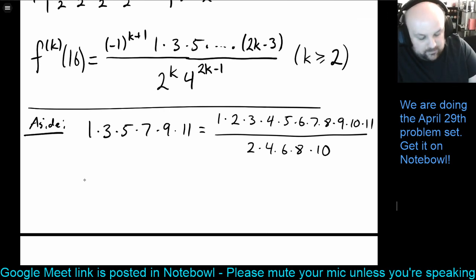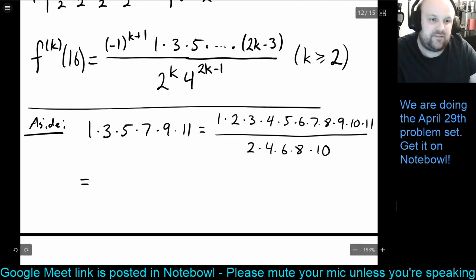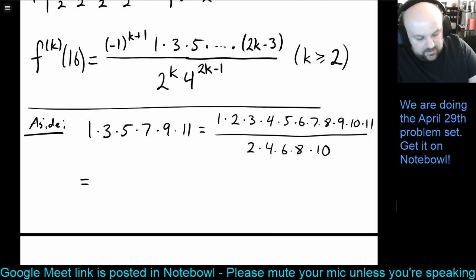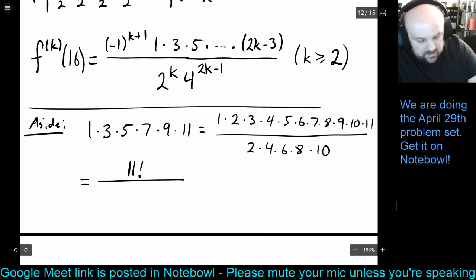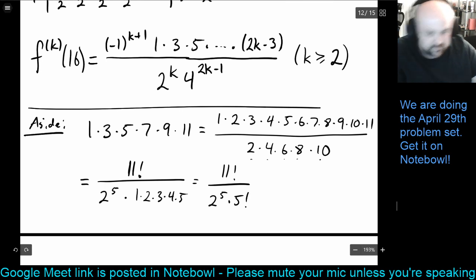But the beautiful thing with even numbers is we can factor a 2 out of every single one of them. So the top is now 11 factorial. The bottom, if we factor out a 2 from each of these, we get 2 to the 5th times 1 times 2 times 3 times 4 times 5. This is 11 factorial over 2 to the 5th times 5 factorial.